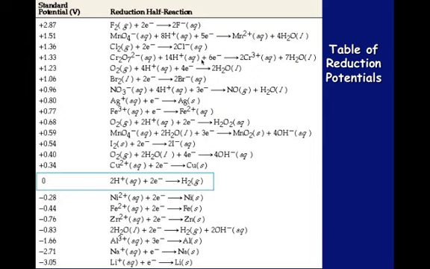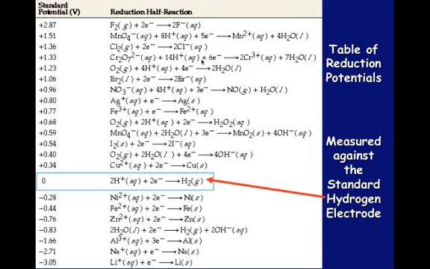Couple things to note here. Everything is measured against hydrogen. So hydrogen is arbitrarily given a value of 0. So combining everything to see what happens, they get the reduction potentials in volts based on hydrogen. The more positive the value, that half reaction will proceed as a reduction.